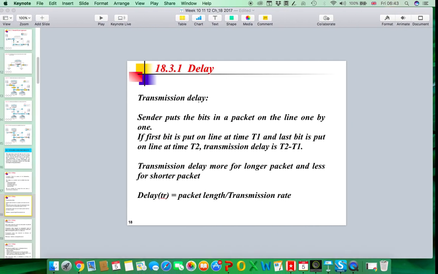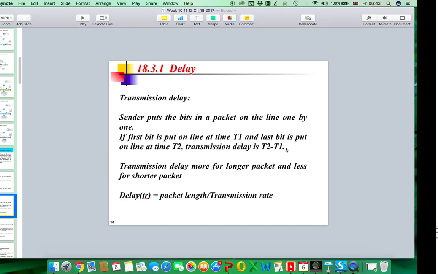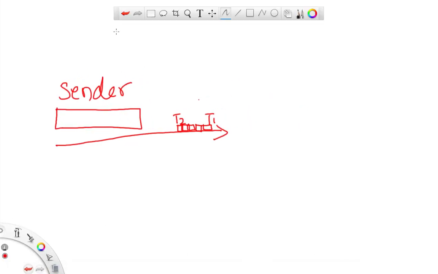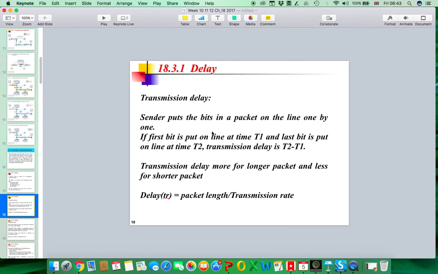So the transmission delay will be T2 minus T1. If you see T2 minus T1, it's actually covering the length of the packet. Based on that, the transmission delay is given as length of the packet in bits divided by the transmission rate or the bandwidth.